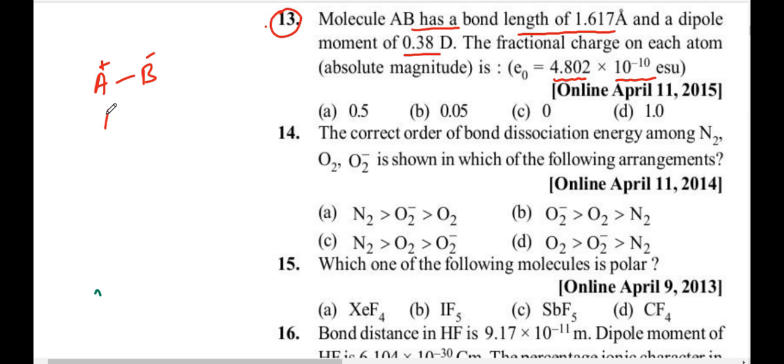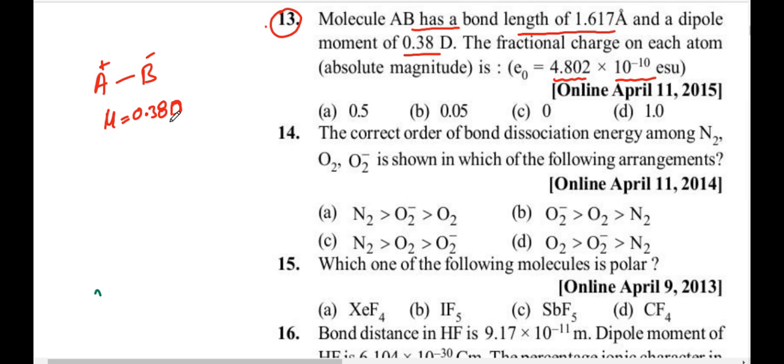The dipole moment mu value is given as 0.38 D. We know that 1 D in ESU is 10 power minus 18.